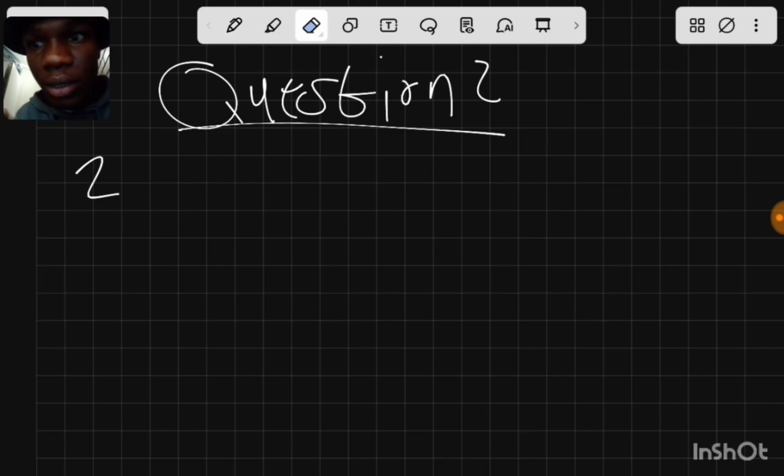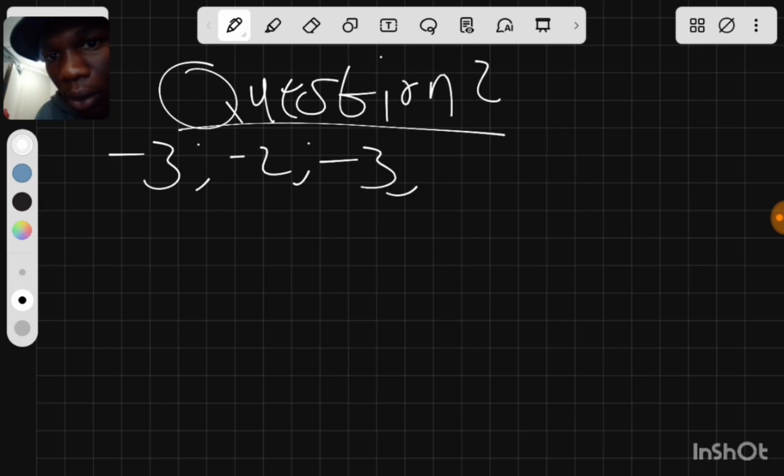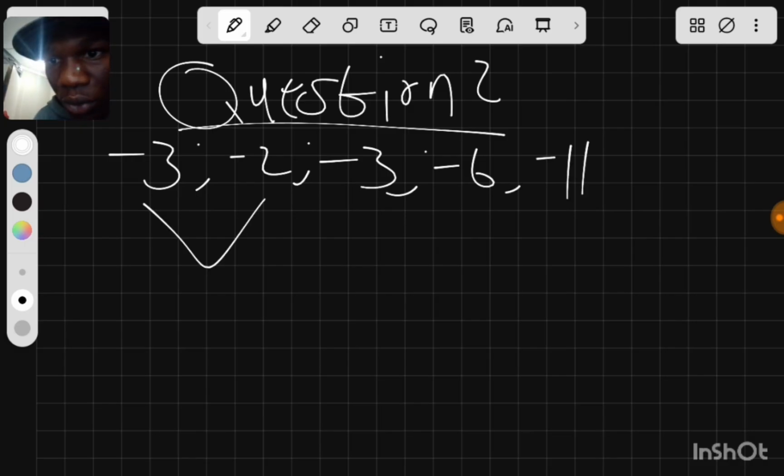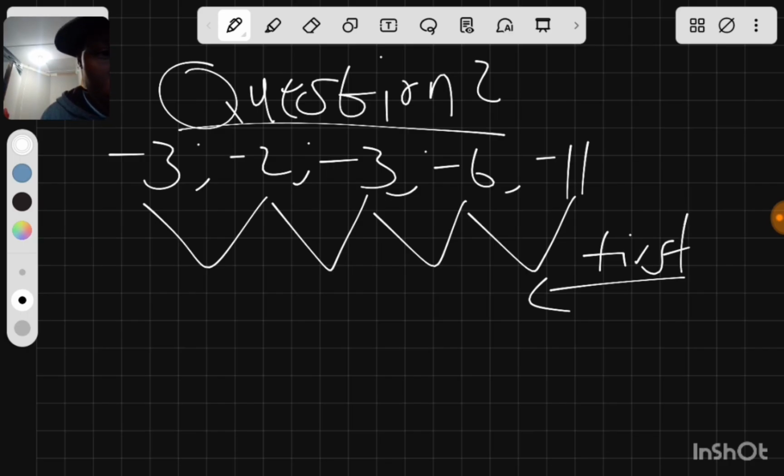Let me write down the series. In the quadratic pattern we have 3, 2, minus 2, minus 6, minus 11. So here we're going to do this. This will be our first difference. We're going to say t2 minus t1.